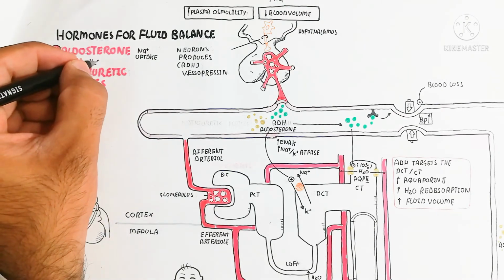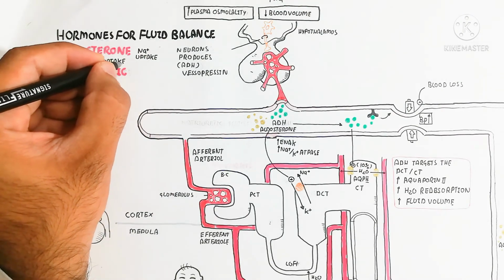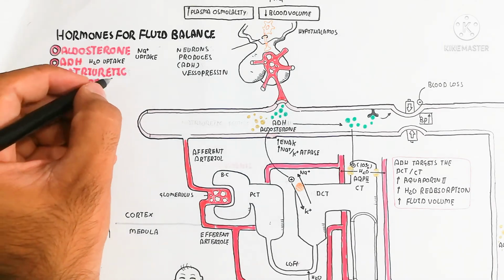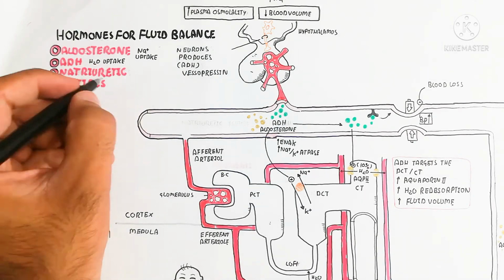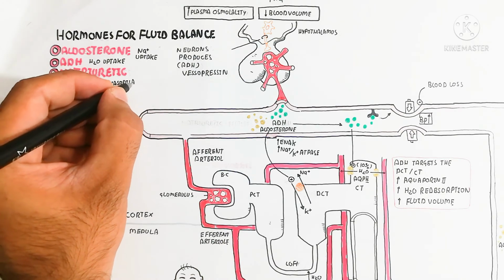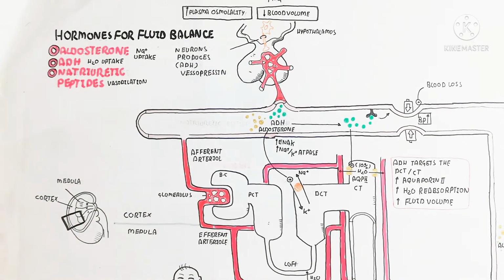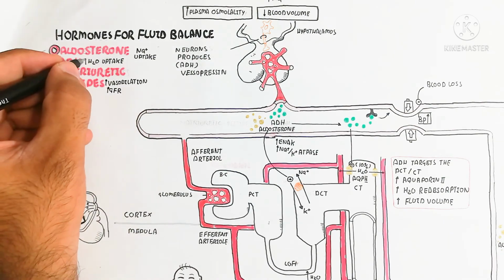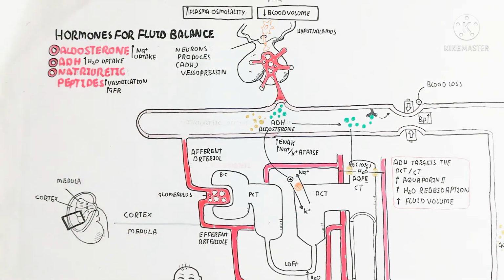So in summary, aldosterone increases sodium uptake, and antidiuretic hormone is used for water reabsorption, and natriuretic peptide is used to increase vasodilation and increase the glomerular filtration rate. That means it will lead to decreased blood pressure.